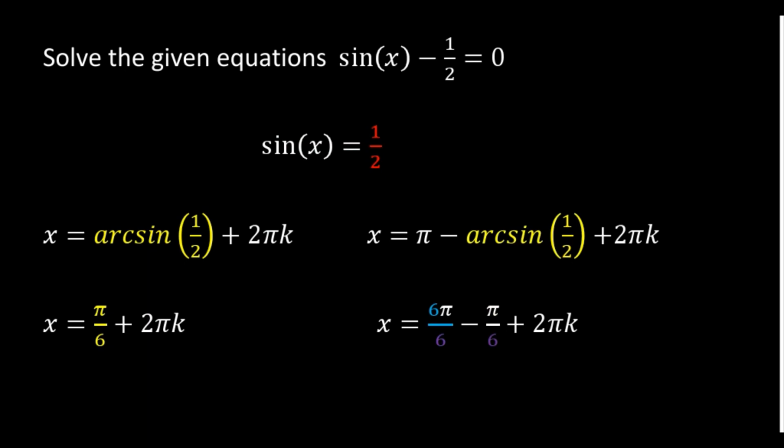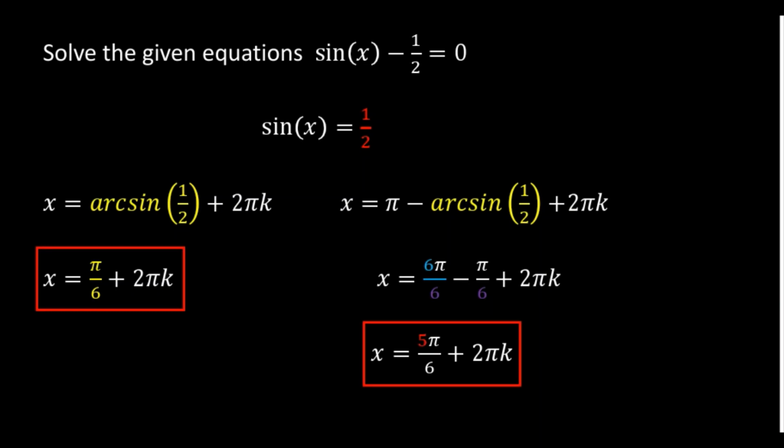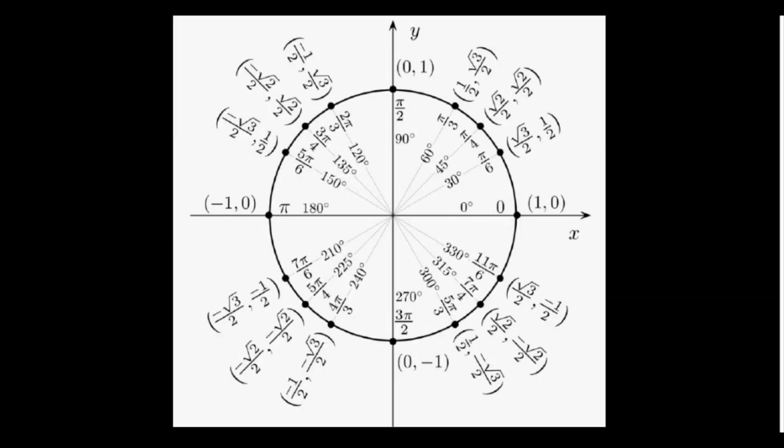So 6 pi minus pi will give us 5 pi over 6, plus the period 2 pi k. And that will be our final answer. So x equals pi over 6 plus 2 pi k, and x equals 5 pi over 6 plus 2 pi k. Same thing you would be able to find on the unit circle.